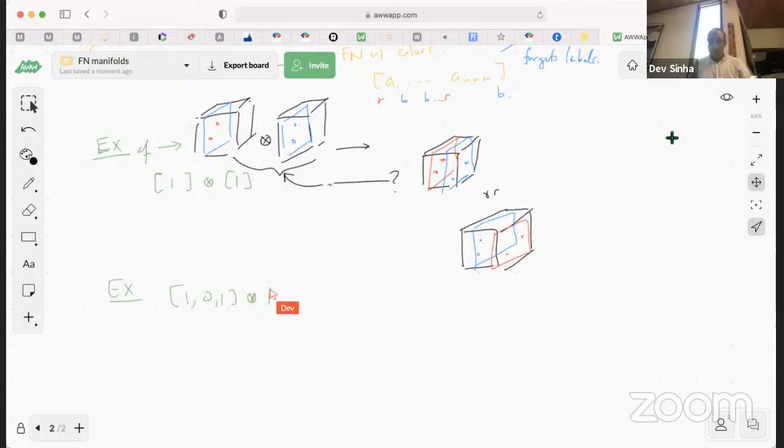So that means my red points come in 2 sets of 2. Maybe I'll even make these 2. So my first 2 red points are on some plane like this. My second 2 red points are stacked right on top of each other.